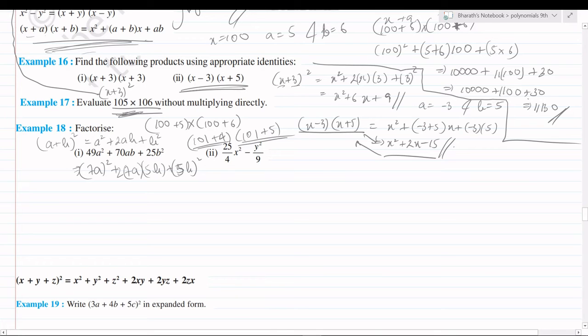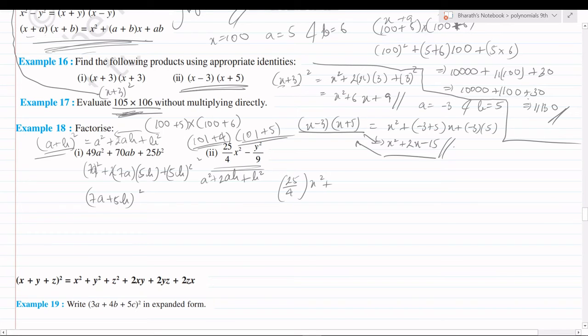We are going from answer to question. So this can be written as a plus b whole square as 7a plus 5b whole square. Now doing for this, 25 by 4 x square plus y by 9, y square by 9.